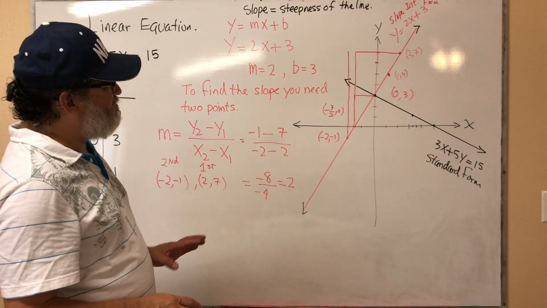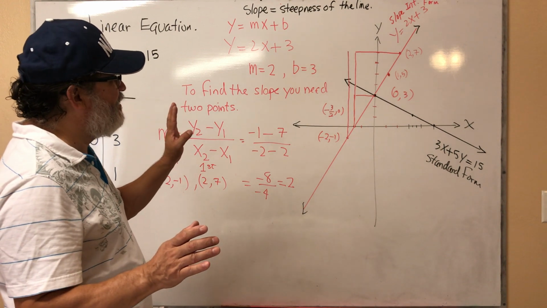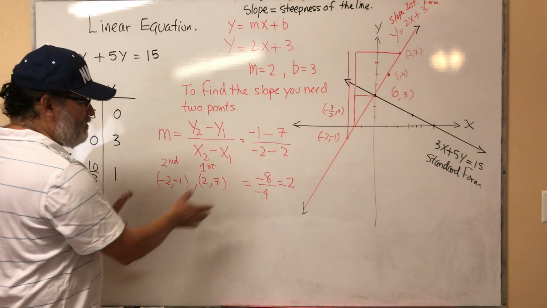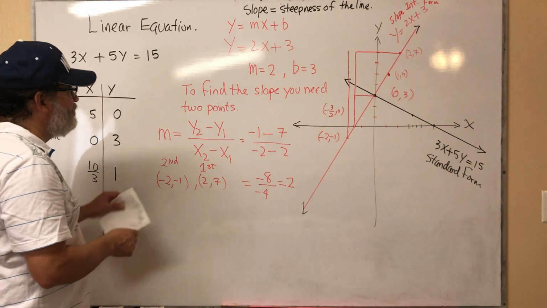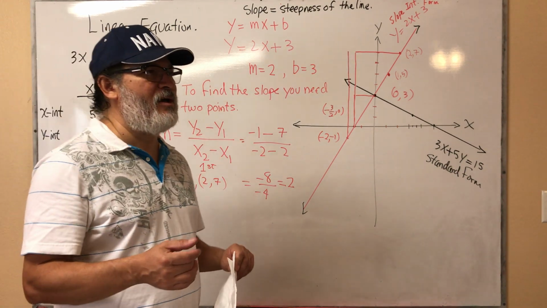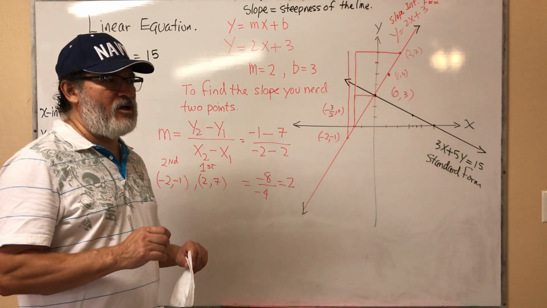Now, we're done with this, right? So the formula is working. So we found the slope of the red line in 2 different ways.